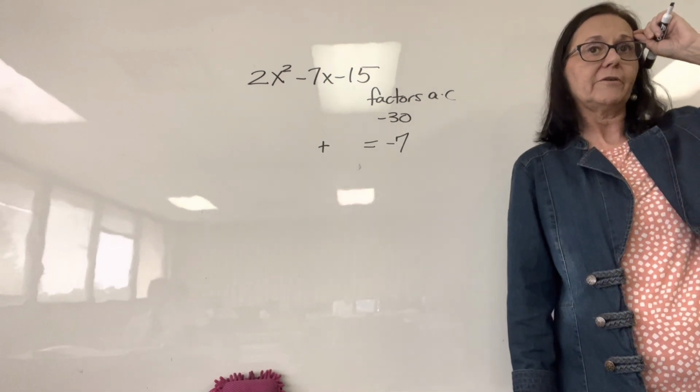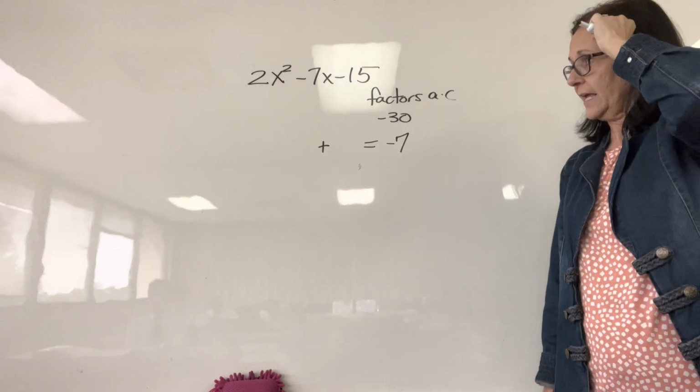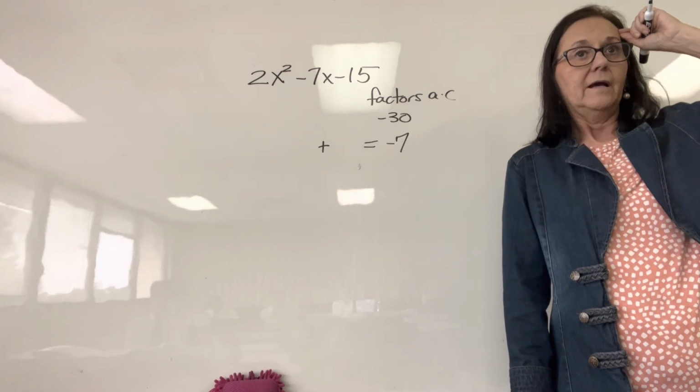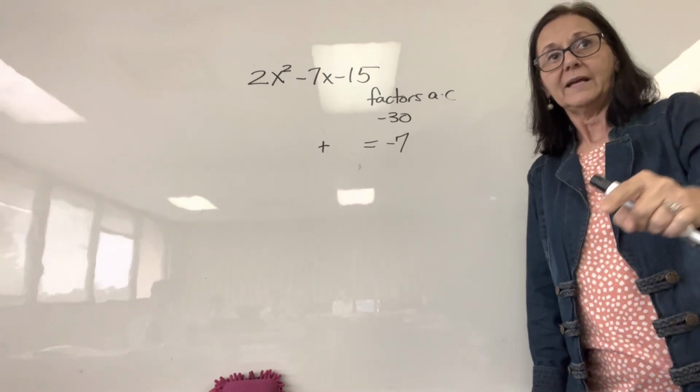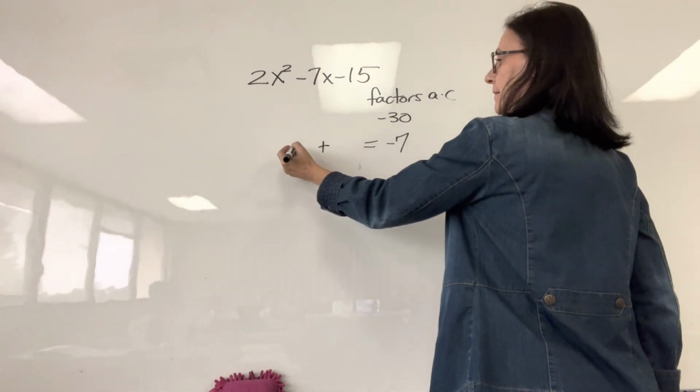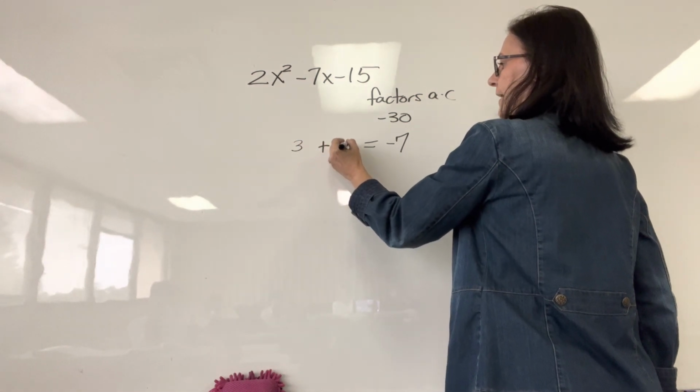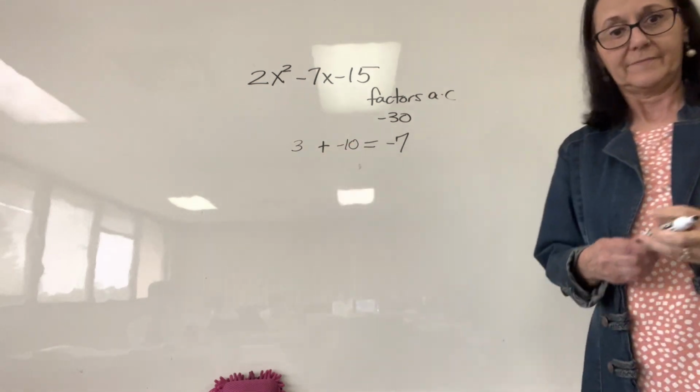I want everyone thinking, and Luke, when you get the answer, I want you to tell me factors of -30. When I add them, it's -7. 3 and -10. That is correct. Okay.